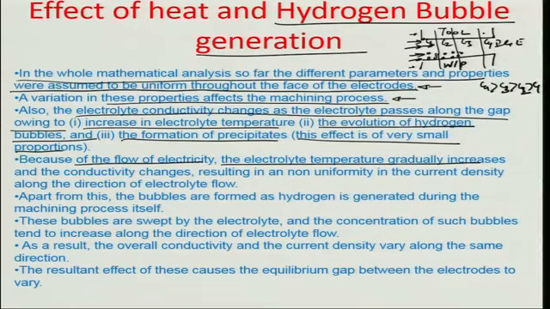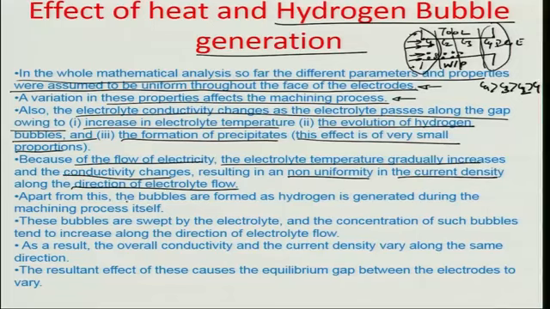So there are going to be changes in the material removal rate from this zone all the way to the end zone, and it will depend on the direction of the electrolyte flow. The conductivity changes would result in a non-uniformity in the current density. Current density, as we know, is proportional to the material removal rate, and so the MRR would change substantially in the direction of the electrolyte flow.